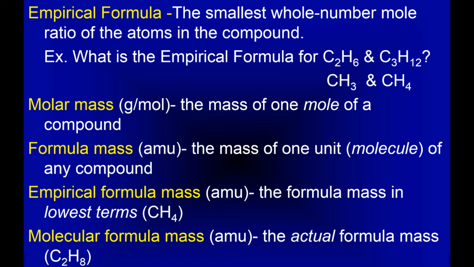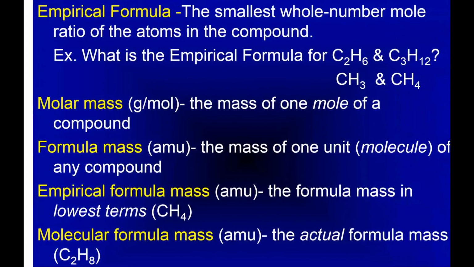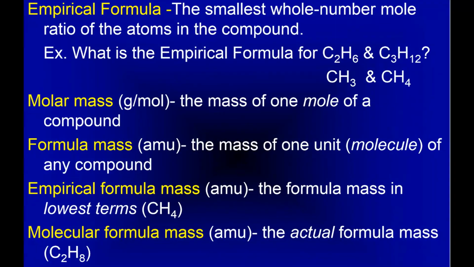Okay, and then the molecular formula mass, that's the actual formula of the compound. Okay, so it's not necessarily in reduced form, and here's why. It's not that we care about the empirical formula mass, it's just that's one of the steps in order to get our final answer of the molecular formula, the actual real formula of the compound.